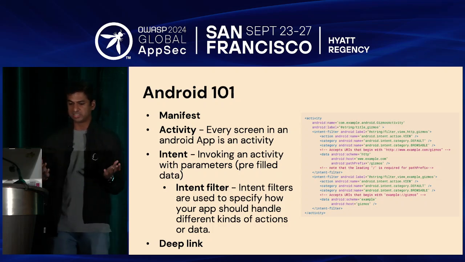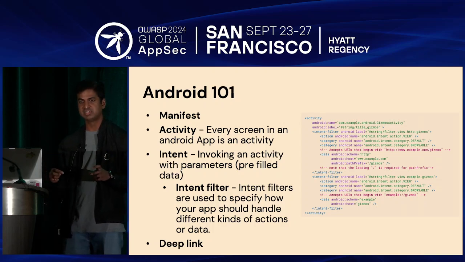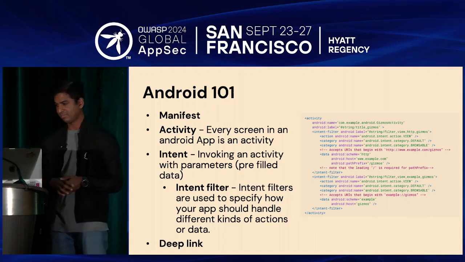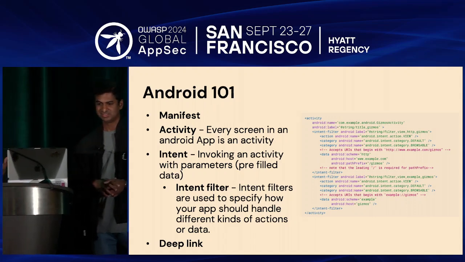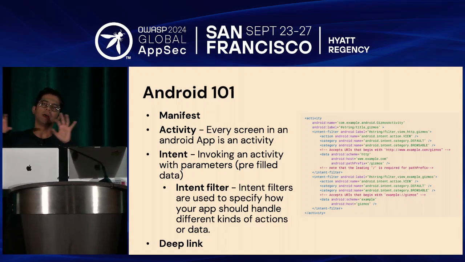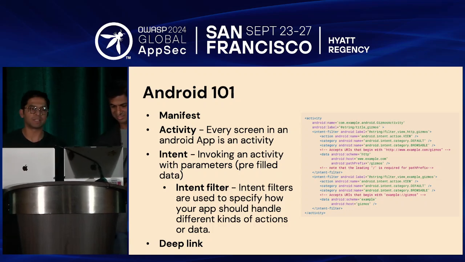And tying it all together, we also have something called deep links, which are definitions within the manifest that define how another application can call into your application and launch a functionality. So if you have received any link sometimes and you click it and it opens within an app, that's actually a deep link. And it's important because that's the only way two different apps can communicate with each other. And they're defined within a URI protocol, which we'll show in the next slide. Well, before that, you'll see the vulnerability.